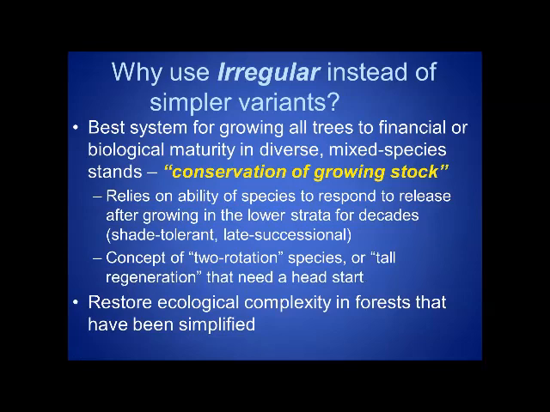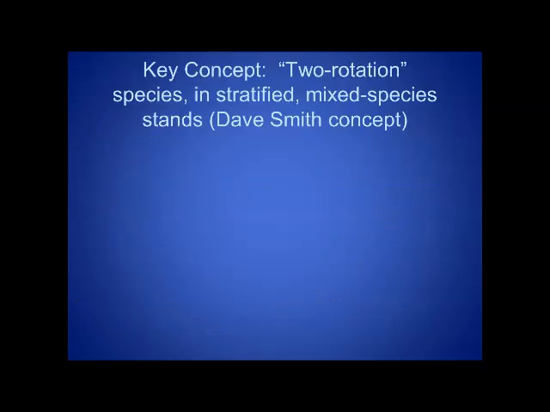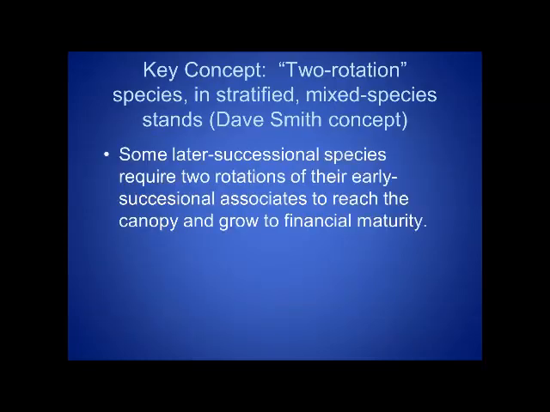We can also use irregular Shelterwood, and one of the reasons it's become more popular is in restoration silviculture, or the increasing emphasis on complexity in forests that have become simplified, or just in maintaining ones that are already complex. So what are these two-rotation species? We all know them. They're later successional species that require essentially two rotations of their early successional associates to reach the canopy and grow to maturity.